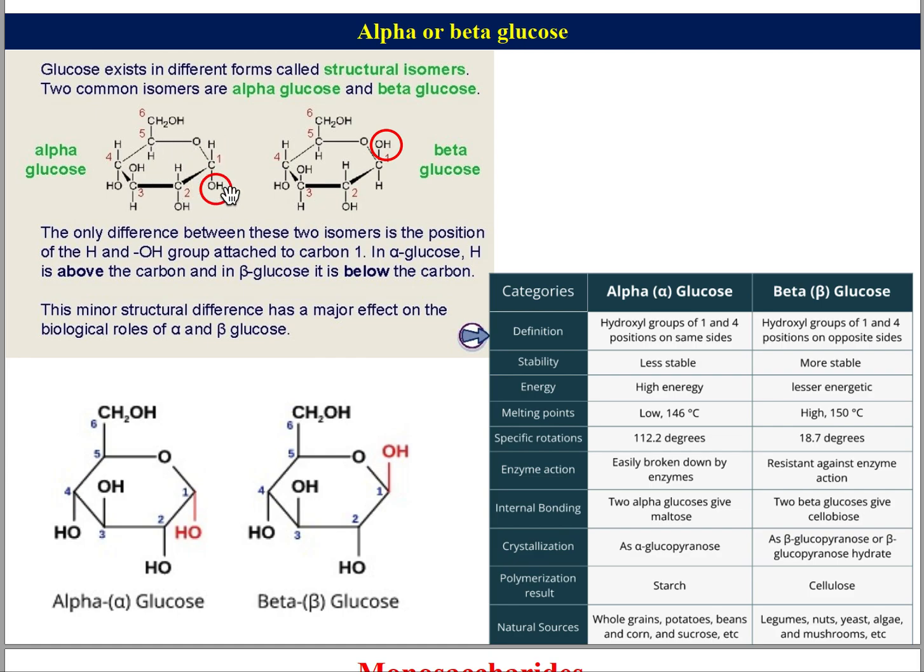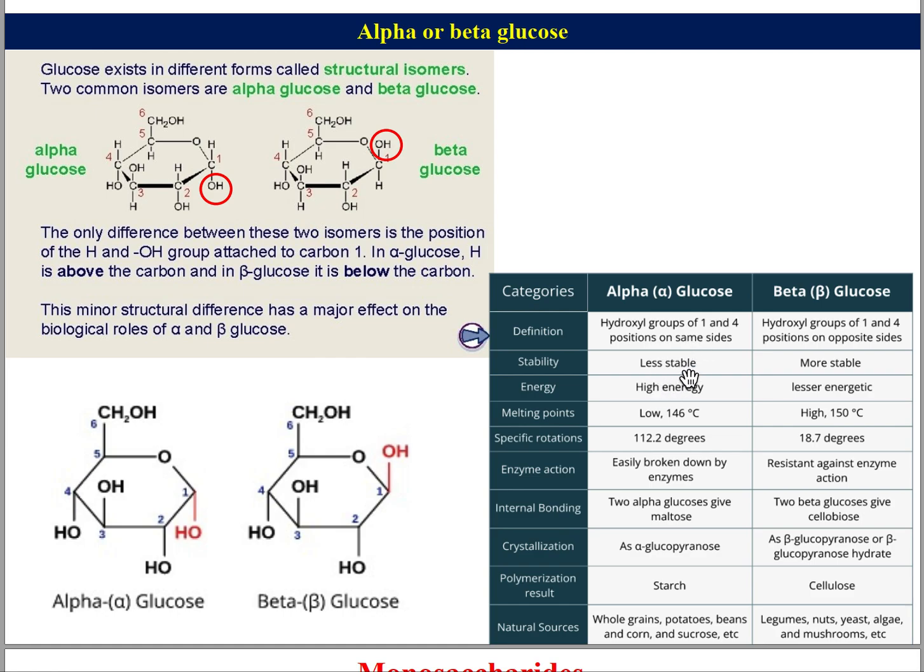In alpha glucose, the hydroxyl group on carbon 1 is below, and in beta glucose, the hydroxyl group on carbon 1 is above. This minor structural difference has a major effect on the biological roles of alpha and beta glucose.